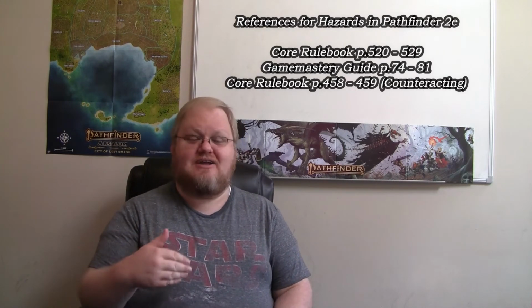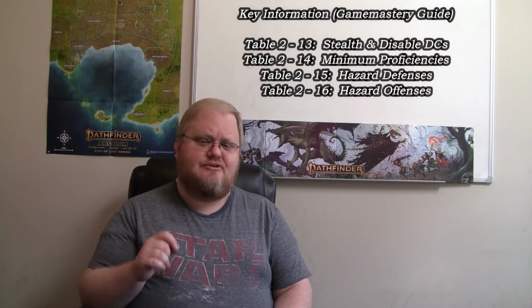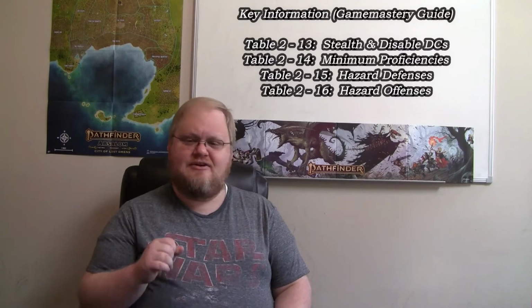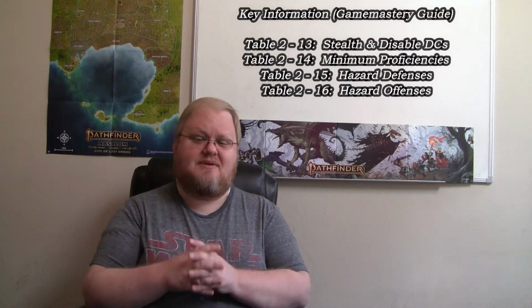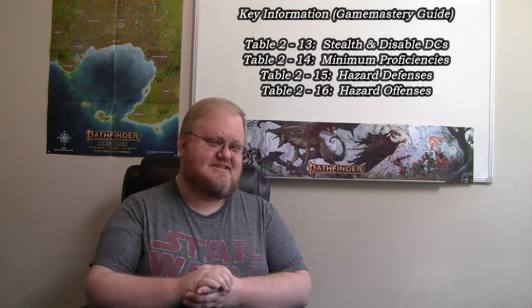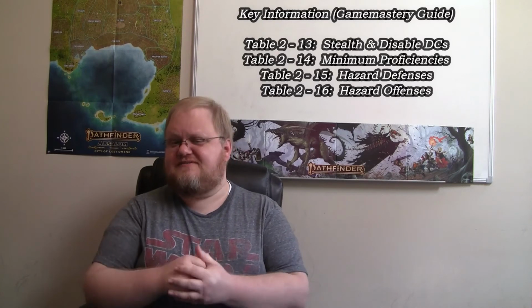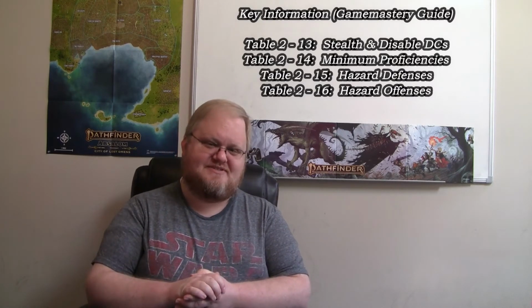The Gamemastery Guide has the specific rules for building hazards in Pathfinder 2e, so the Gamemastery Guide pages are the most important pages today. And in particular today, we're going to be talking about reference tables 2-13, 2-14, 2-15, and 2-16. Those are the tables for determining stealth and disable DCs, the minimum proficiencies necessary for traps, the defensive statistics of traps, and the offensive statistics of traps.